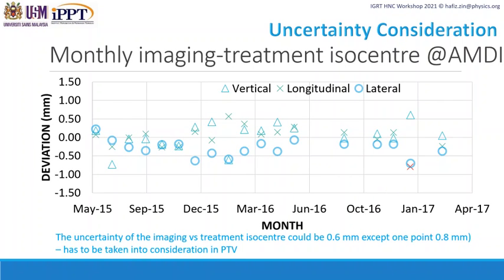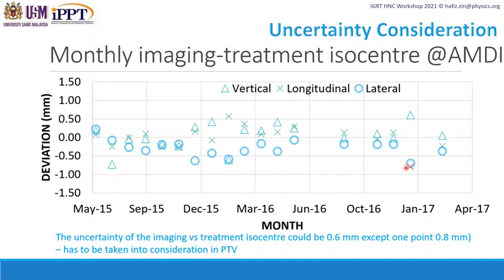And this is the difference between the imaging and the treatment isocenter. So we call this the imaging treatment isocenter coincidence. So we can see the trend in which the uncertainty of the imaging versus treatment isocenter can be up to 0.6 mm, except one point where we measured it at 0.8 mm.